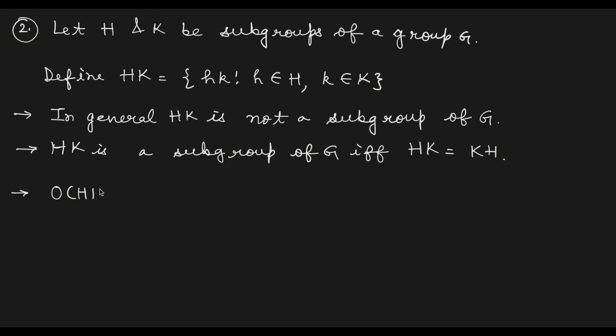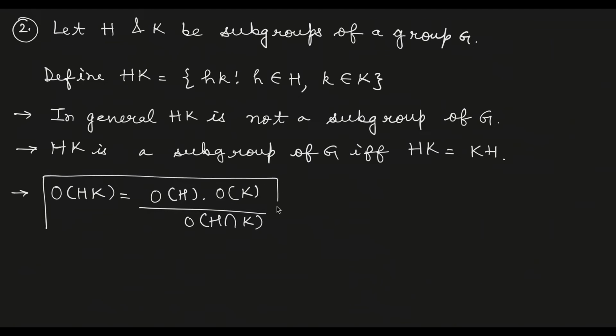The order of HK is equal to the order of H into the order of K divided by the order of H intersection K. This formula is important. One question on this formula only.